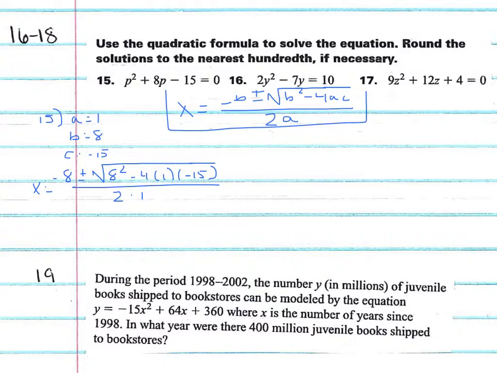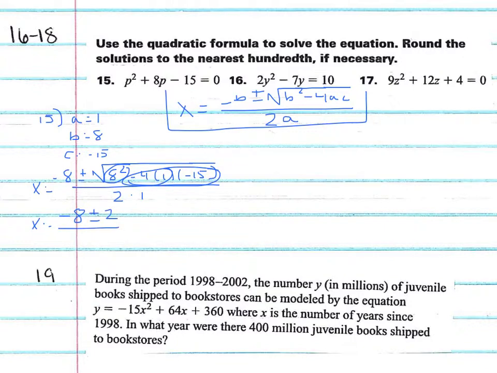And so to solve this, you might want to take it piece by piece. We'll take underneath the square root symbol to start with. 8 squared is 64. Minus 4 times 1 times negative 15 is going to give you a positive 60. So 64 plus 60 is 124.